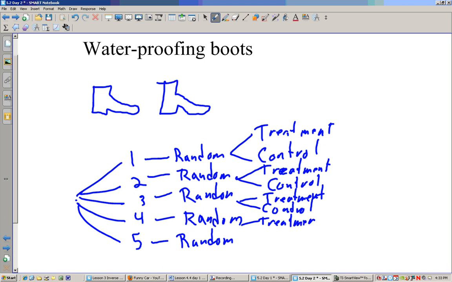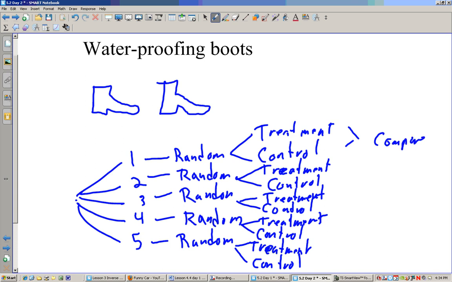And we do this with each person that we use in the experiment. All right, that was a lot of writing. And now at the end, we want to compare. Compare these, compare these, compare these, compare these, and see how the new waterproofing method does.